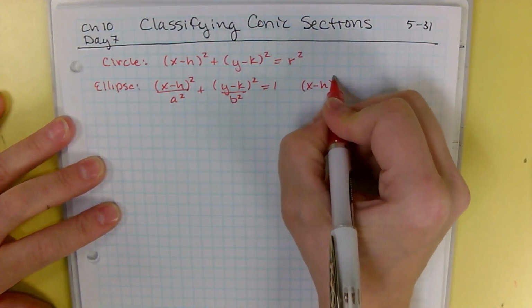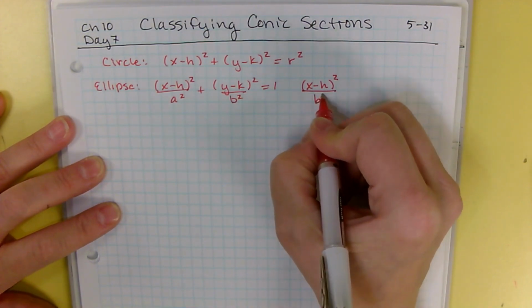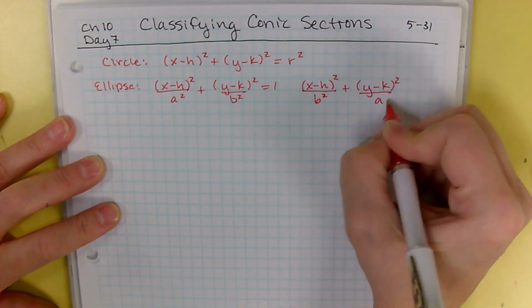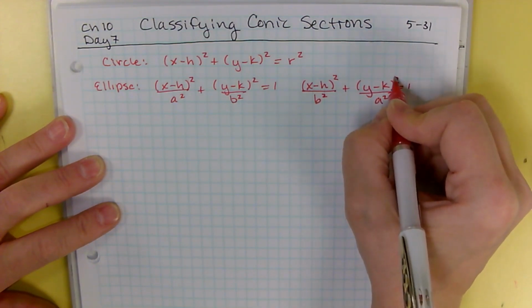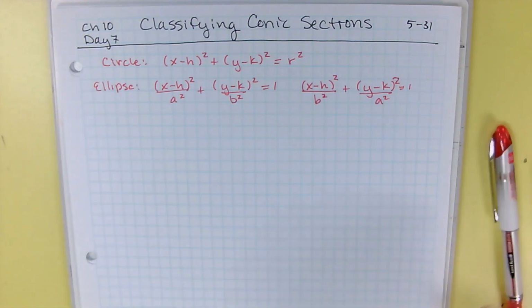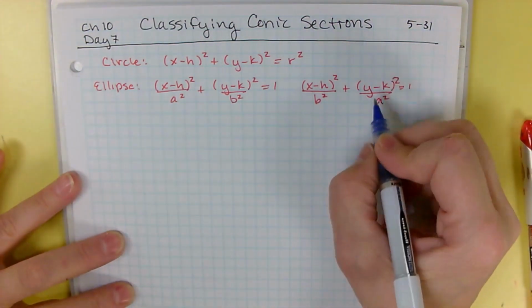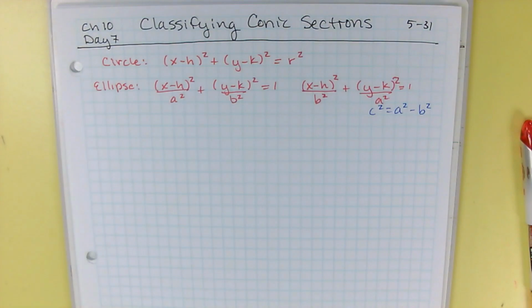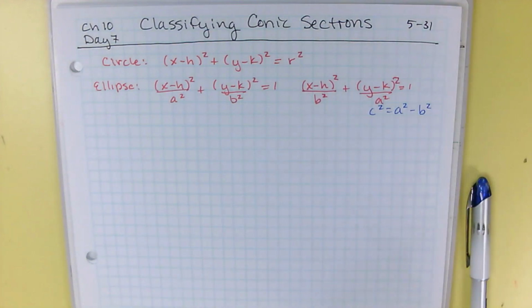So x minus h quantity squared over b squared plus y minus k squared over a squared equals 1. And those are the two ellipse formulas, a being the larger of the two, which tells you where the major axis is. And just as a side note, your foci equation, c squared equals a squared minus b squared, goes with your ellipse equations.